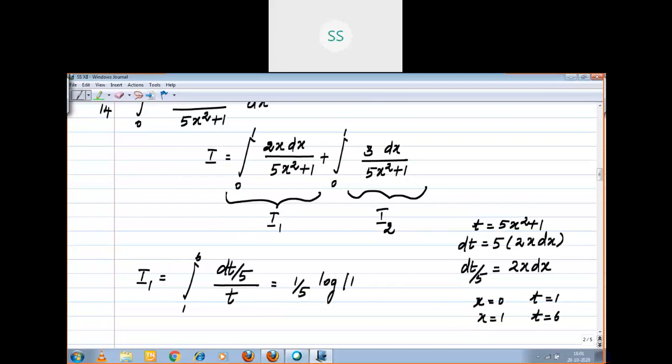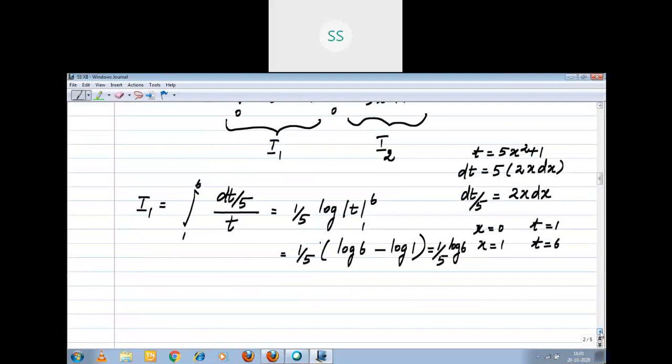So 1 by 5 into log of modulus t from 1 to 6, which is equal to 1 by 5 into log of 6 minus log 1. Log a minus log b equals log a by b. That is log 6.